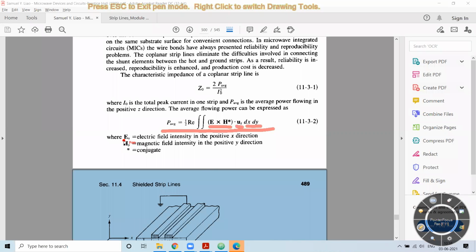Now here E will be associated only in the x direction, and H will be associated in the y direction. Therefore, we specify Ex as the electric field intensity and Hy as the magnetic field intensity in the positive y direction, and star indicates that it is the complex conjugate of H.